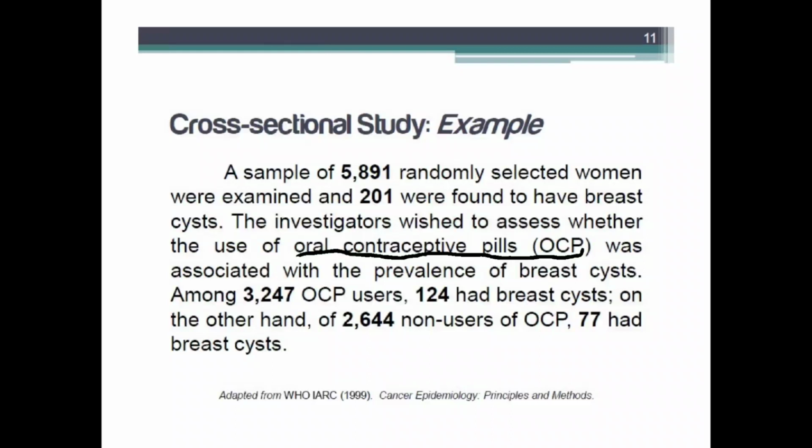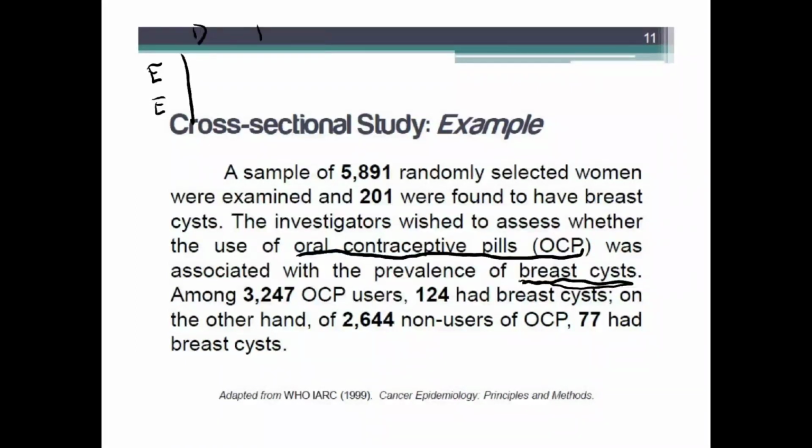And then, ano yung disease? So, syempre, yung disease, yung mga magkakaroon ng breast cyst. Tapos, yung mga hindi nagkaroon ng breast cysts, sila yung without the disease. Okay? So, now, we create a 2x2 table. Okay? So, let's try exposed, unexposed.